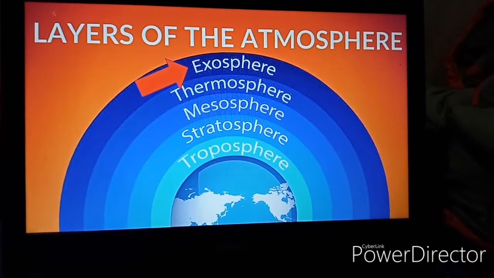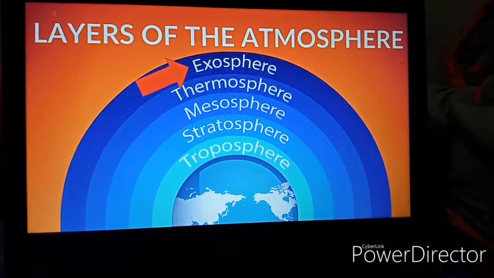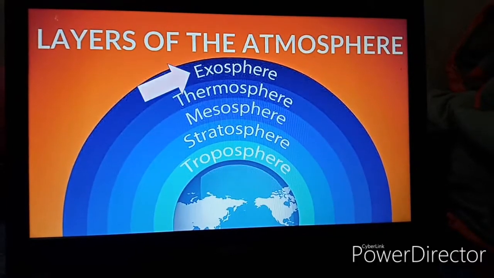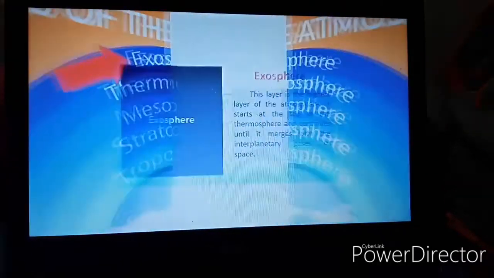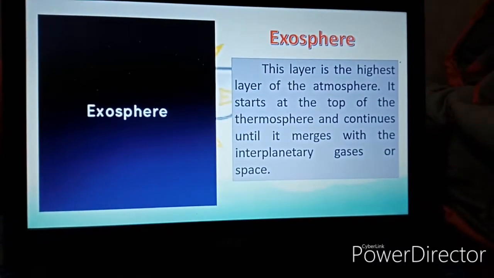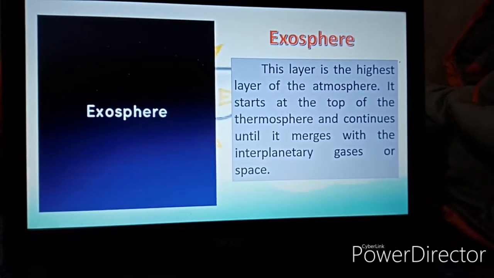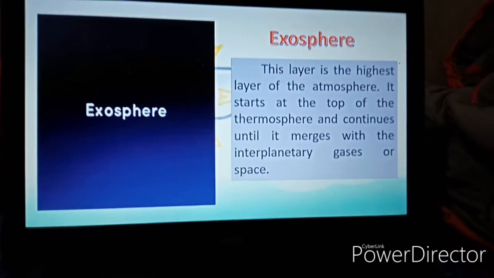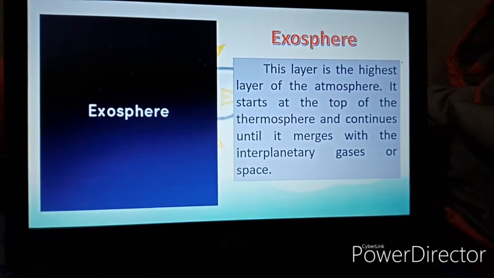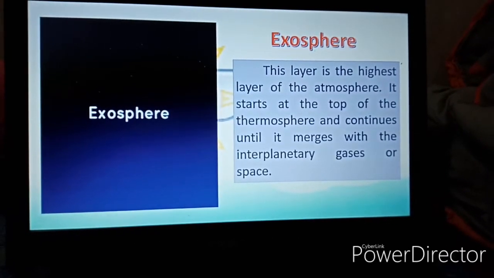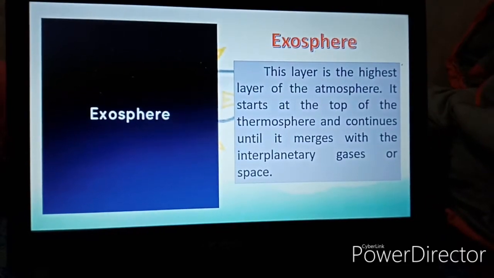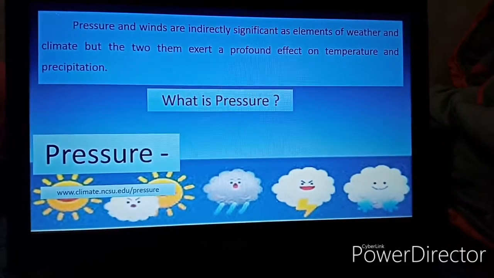Moving on to the last layer of the atmosphere, we have the exosphere. The exosphere is the highest among them all. It starts at the top of the thermosphere and continues until it merges with the interplanetary gases or space.